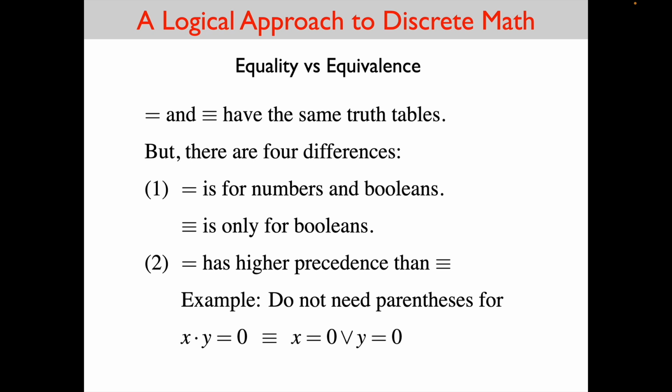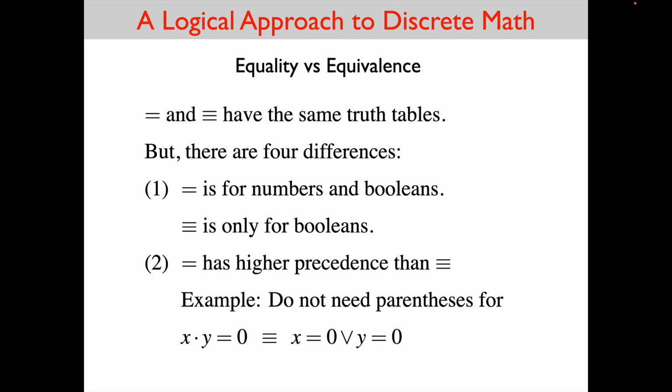We're not going to talk about types very much until a bit later when we get to predicate calculus. But you should be aware of the types of this. If x is a number and y is a number, then x times y is a number. 0 is also a number. Let's assume that they are integers. So either x times y is equal to 0 or it's not. So x times y equals 0 is a Boolean expression.